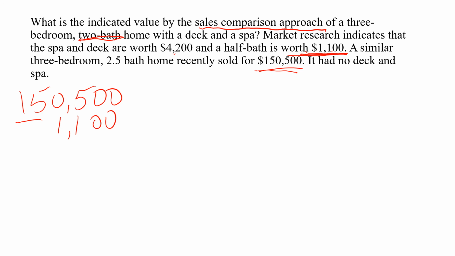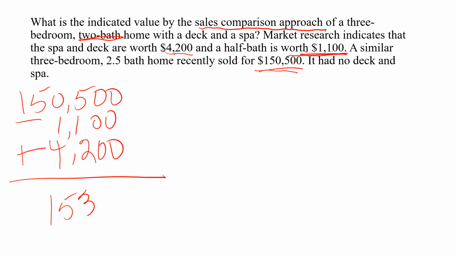A similar 3 and 2.5 recently sold for $150,500, but it doesn't have a deck. So let's add in a deck. So we have 150,500 minus 1,100 plus 4,200 gives us our total of 153,600 is our value using the sales comparison approach.